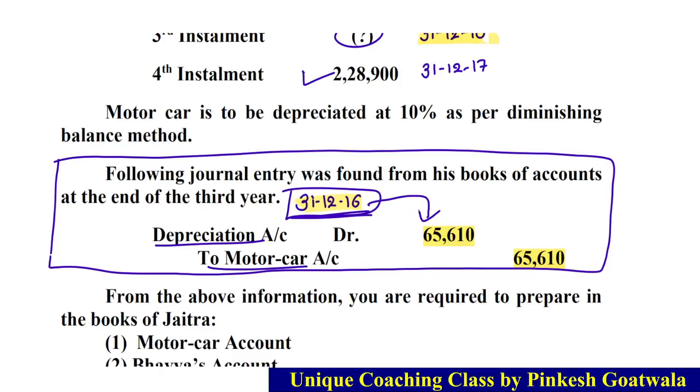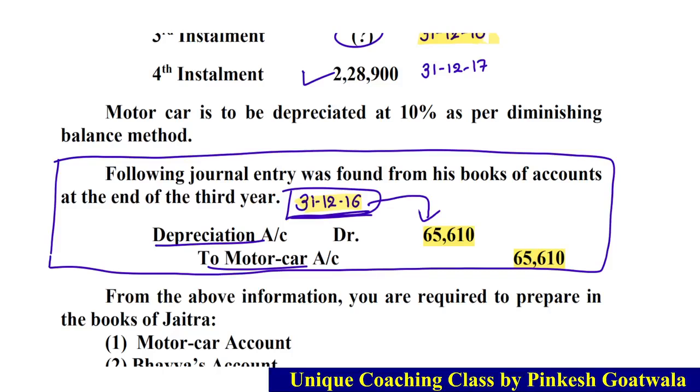So here, with the help of depreciation, you can find the purchase price of the asset. In standard 11 we saw that if the value of depreciation is given, we can find the purchase price of the asset. Same point here. So remember one point: whenever in any question they give the amount of depreciation, they give the journal of depreciation, with that help you can get the amount of cash price, the purchase price.